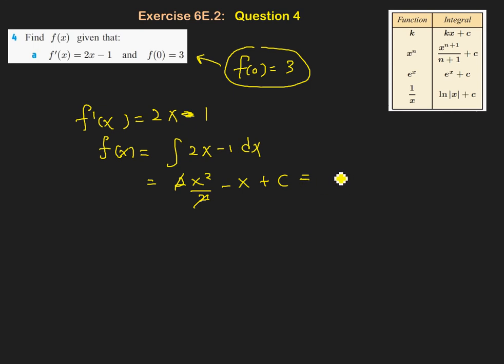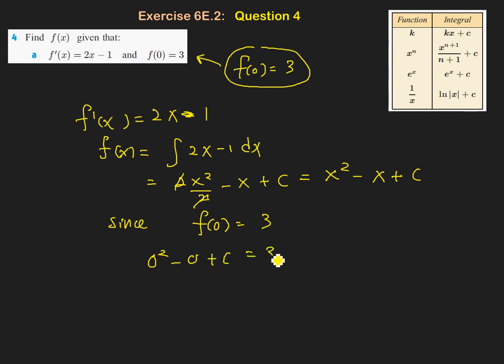Anyway, so it's x squared minus x plus c, and now we know the reason why the initial condition is given. We have the answer, but it's not enough because there's a condition given to you, and we may find the value of c by using this. This is 3, so the left-hand side is x squared minus x plus c, which means this equals 3.